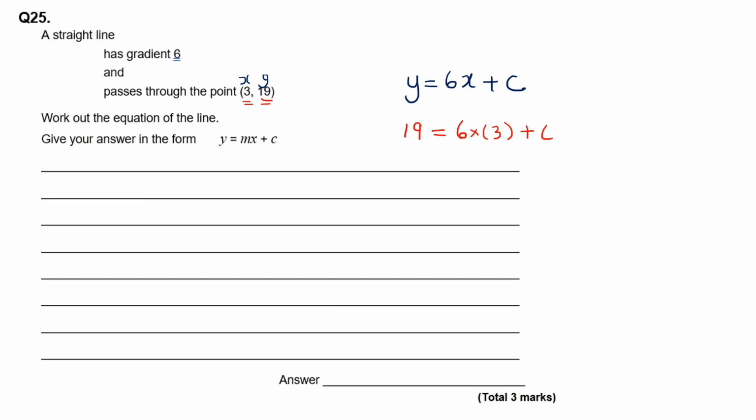So 6 times 3 is going to give you 18. So we're going to have 19 is equal to 18 plus c. I will take 18 away from both sides, which would be 1. So that means my equation is going to be y equals 6x plus 1. So I'll write it here, 6x plus 1.